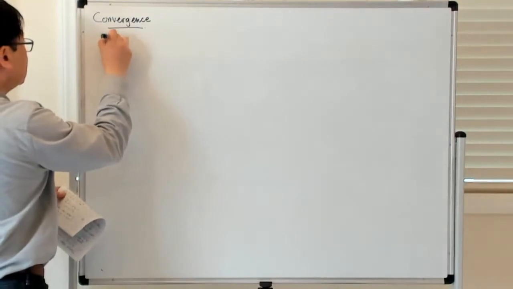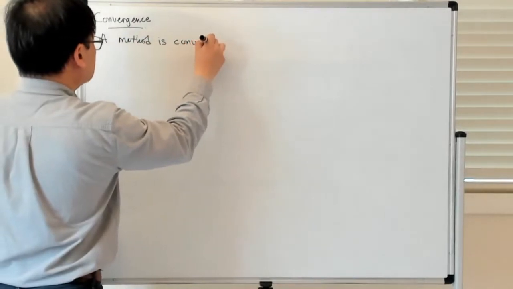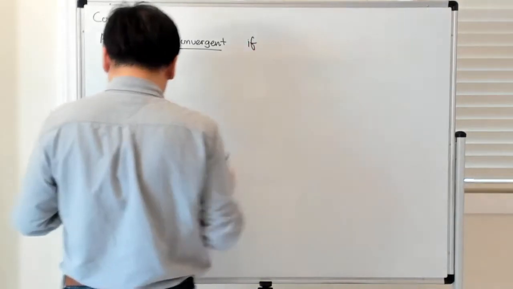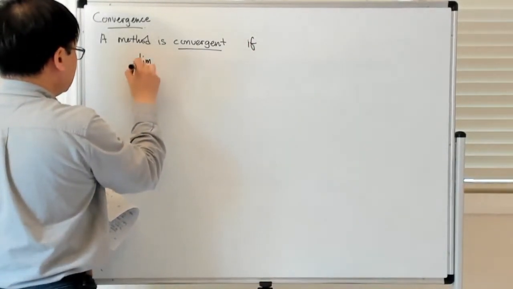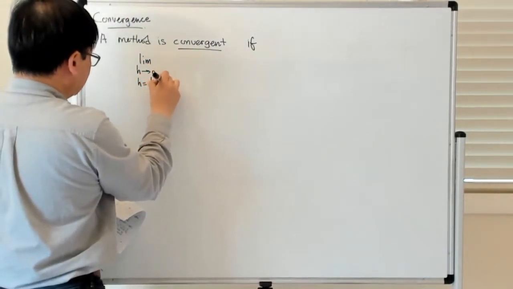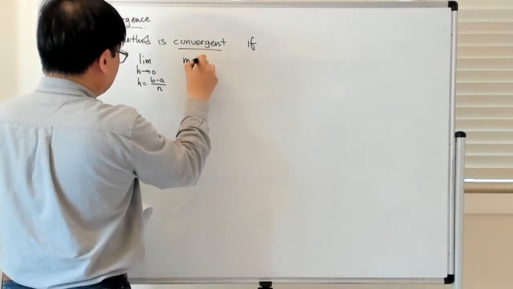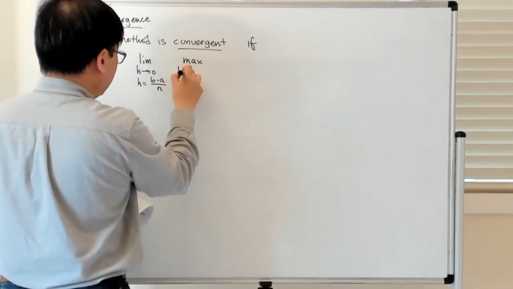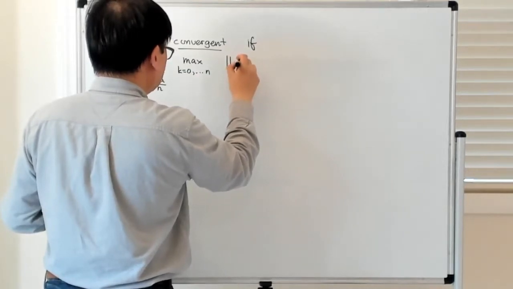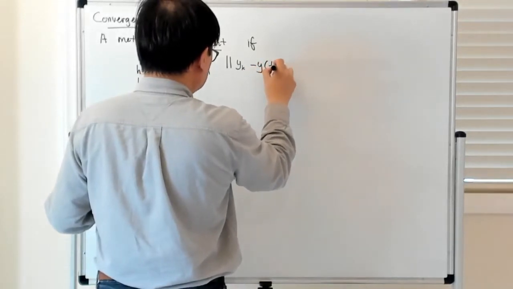A method is convergent if the limit as h goes to 0, where h is (b minus a) over the number of steps n, of the maximum pointwise error for k equals 0 all the way up to n, of the difference between the numerical solution y_k and the exact solution y at t_k, is zero.